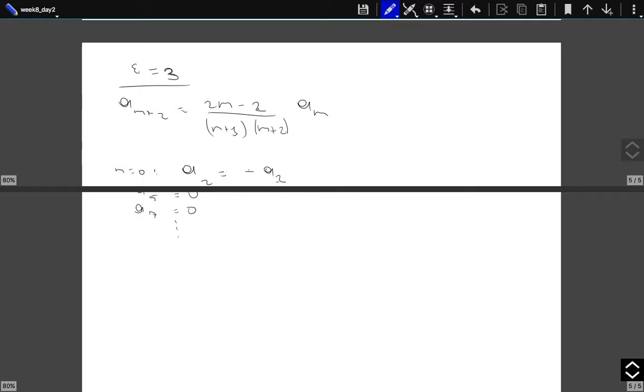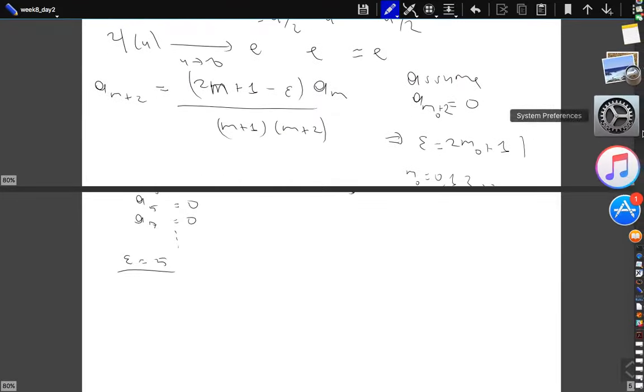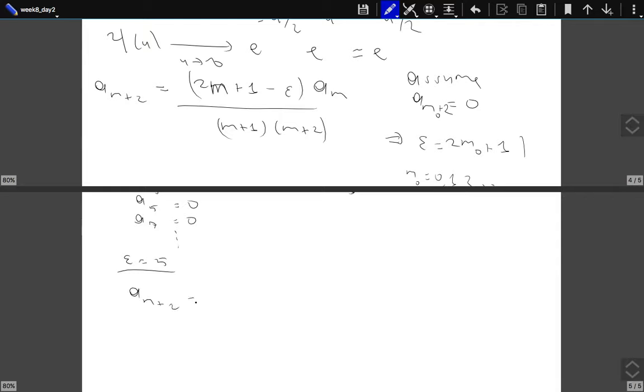Now let's look at the epsilon equal to 5 case. Let's go back to our general recursion relation. A of m plus 2 is equal to 2m minus 4 divided by m plus 1, m plus 2, am. Now, m equal to 0 gives me A2 is equal to minus 4 divided by 1 times 2 A0.